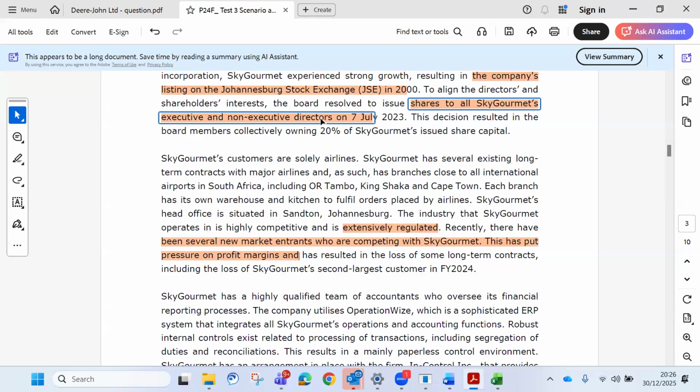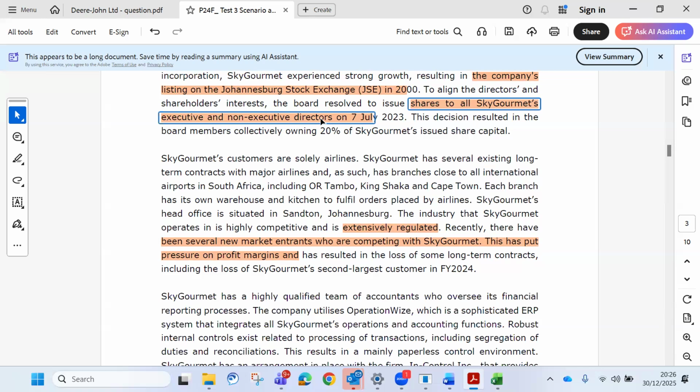Sky Gourmet has a highly qualified team of accountants who oversee its financial reporting system. The company utilizes OperationWise, which is a sophisticated ERP system that integrates all Sky. Yeah, here you are going to shine with that cramming, to say that this centralized operation and accounting finance functions.